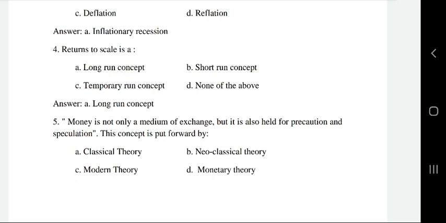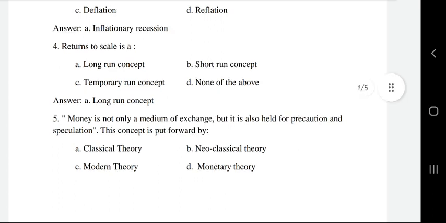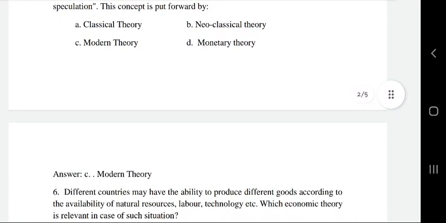Question number 5. Money is not only a medium of exchange, but it's also held for precaution and speculation. This concept is put forward by? Options are classical theory, neoclassical theory, modern theory and monetary theory. The answer is modern theory. The fundamental principle of classical theory is that the economy is self-regulating.